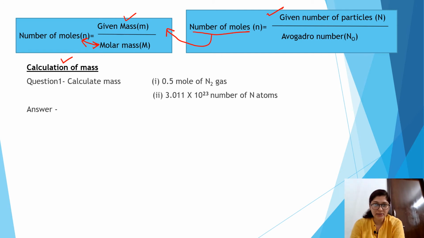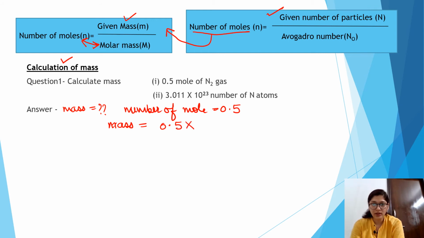So let's start. We have to calculate mass. What we have given? Number of mole is given to us, which is 0.5, and mass can be calculated when the number of mole is multiplied with the molar mass.